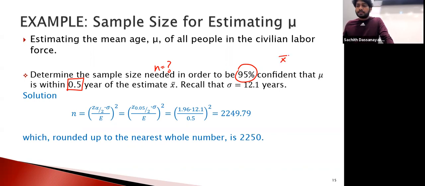Which means X bar plus or minus E. This E is the 0.5 error, within this value of the estimate of X bar.